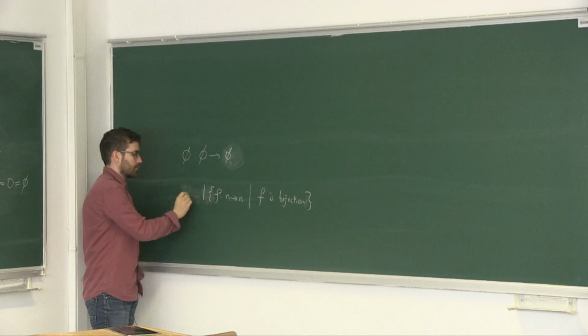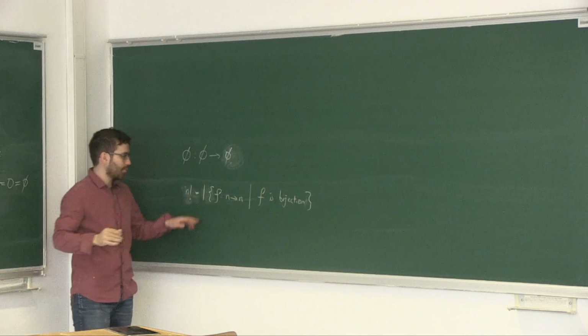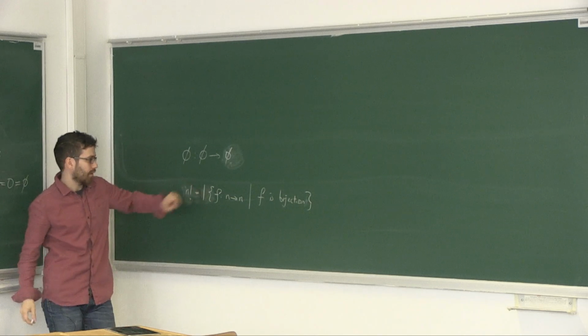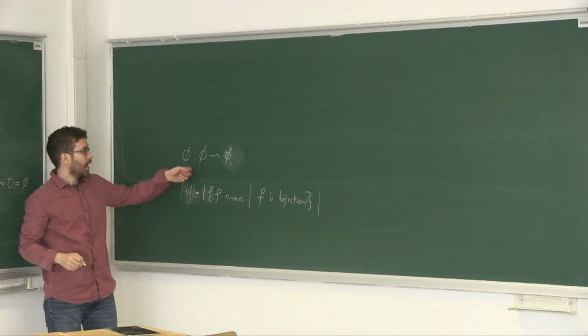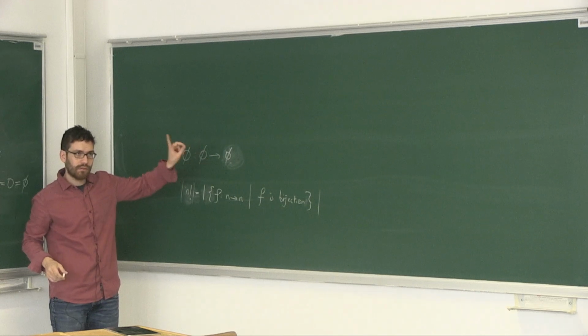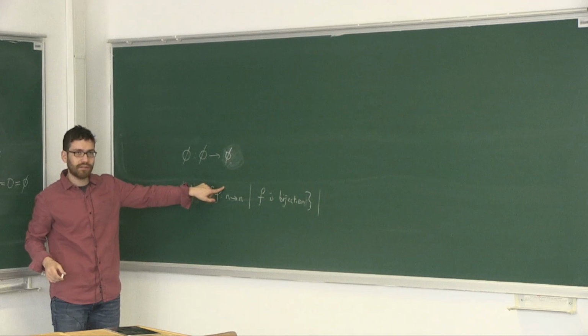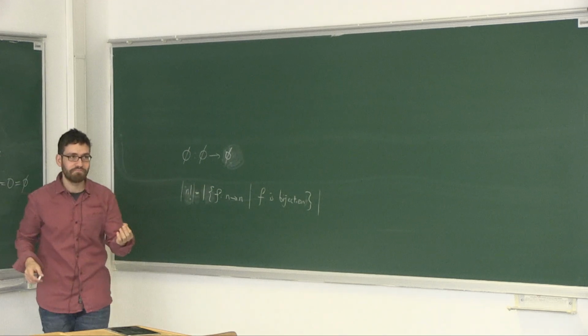So this is supposed to be the number of elements in the set. How many bijections are there on the empty set? There's only one. So this set has cardinality 1. So this is why 0 factorial is actually 1.